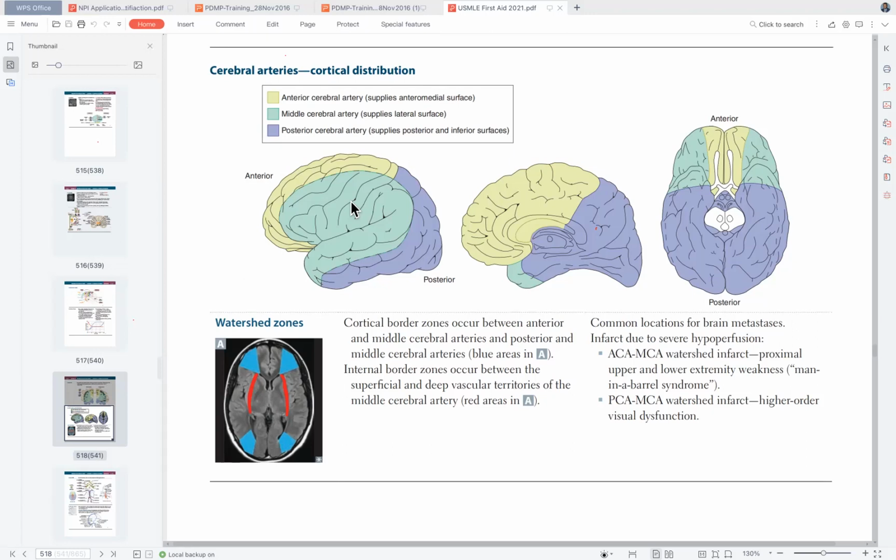So the ACA, anterior cerebral artery, is in the middle, where our leg is. Then the middle cerebral artery area is outwards. The arms and the face always go together. These are the most important things that you have to remember.